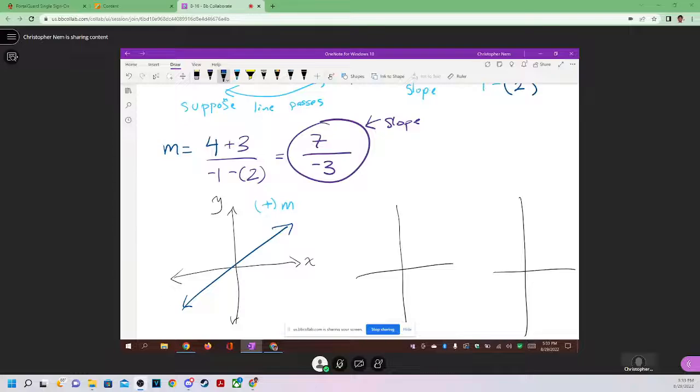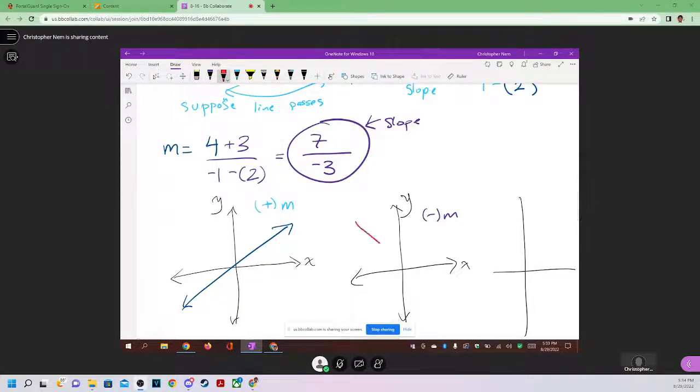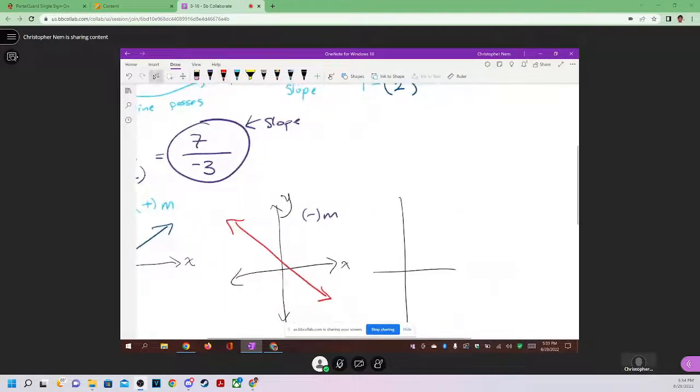And then a negative slope is going to do the opposite. In your negative slope, you're going to have your line go downwards. If you read it from left to right, you're actually going down that hill or that roller coaster. So what if your slope was 0?